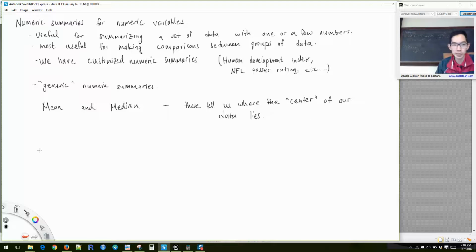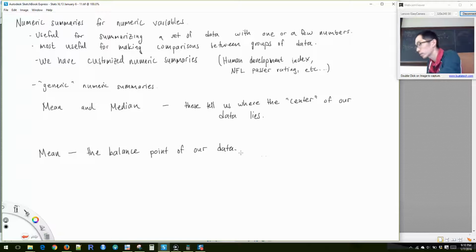All right, so the mean can be thought of as the balance point of our data. For example, let's say we had these data points: 11, 13, 19, 2, 10, and 1.